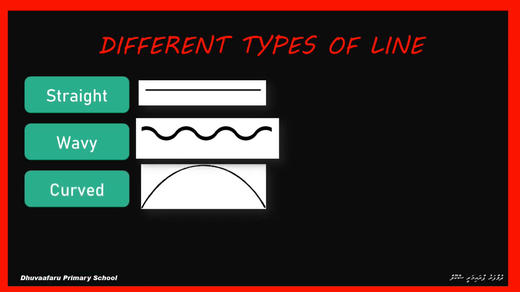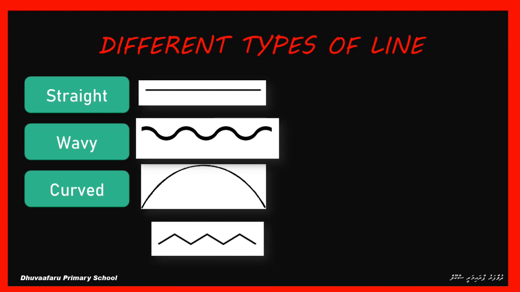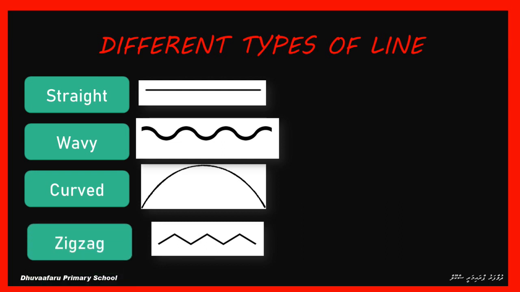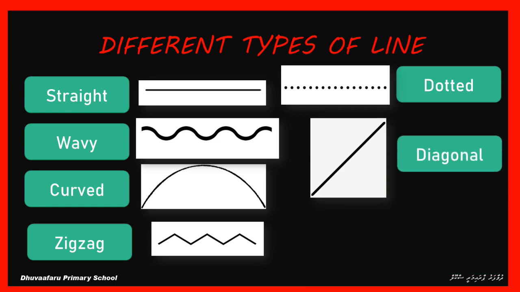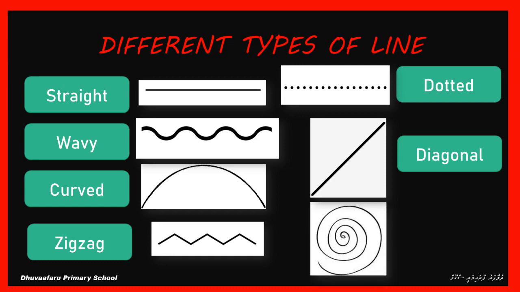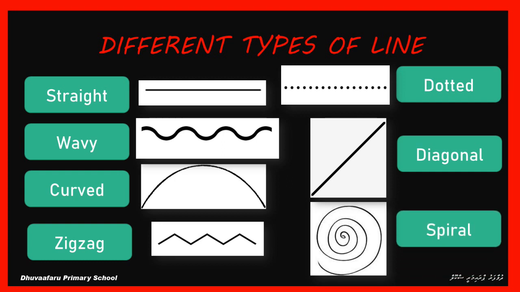This is a curved line, and the next one is a zigzag line, and here is a dotted line, and the next one is a diagonal line. Very good. And here is the last one. Which type of line is this? A spiral line. Very good.